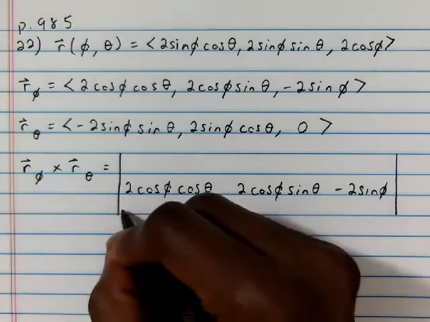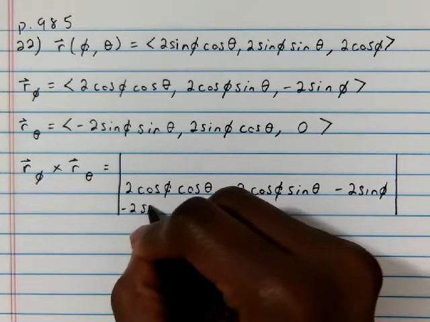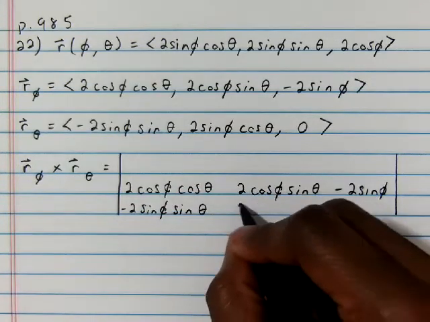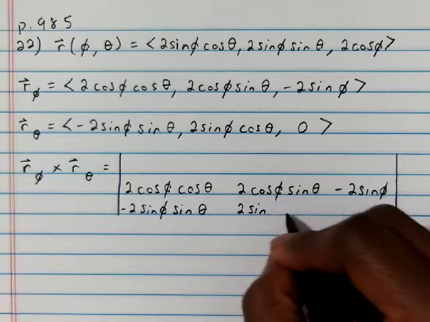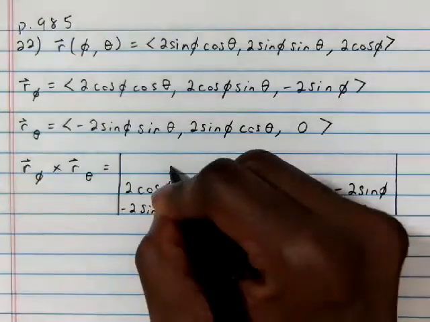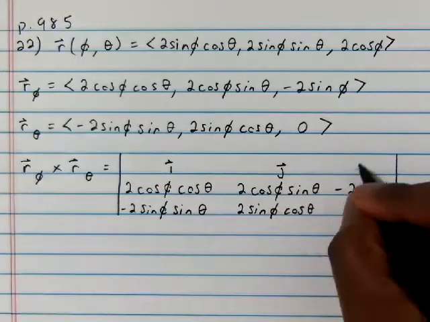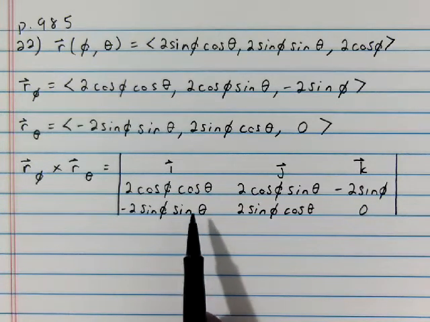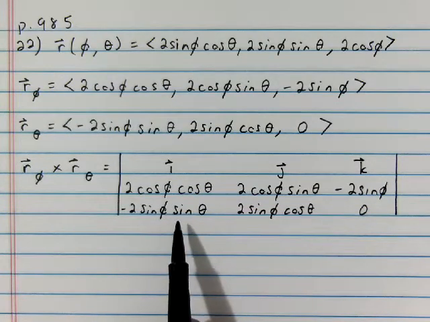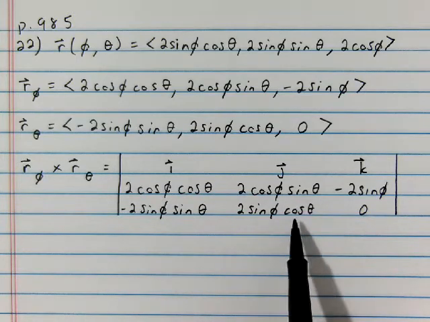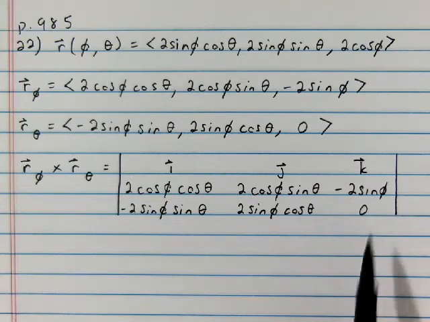And then down here, negative 2 sine phi sine theta, 2 sine phi cosine theta, 0, I, J, K. Make sure I copied everything down correctly. 2 cosine phi cosine theta, negative 2 sine phi sine theta, 2 cosine phi sine theta, 2 sine phi cosine theta, negative 2. Okay. All right, so now we're computing this cross product.